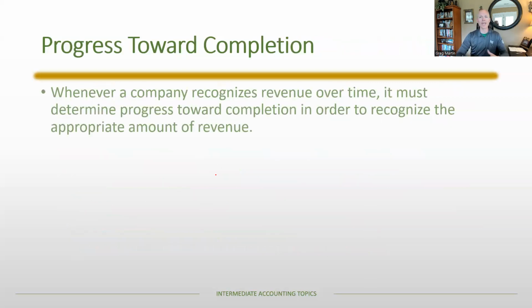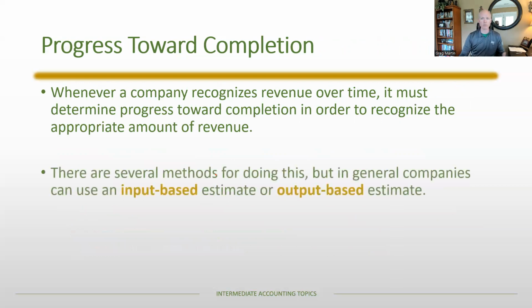All right, so whenever you're able to recognize over time, there has to be a way to measure progress. In other words, if it's a $50 million contract, how much do I recognize after the first month, second month, third month, how do I go about doing this? Really there are two general approaches, and we're going to get into more detail later in a different lecture, but either it's input based or it's output based. You can say, well, how many hours am I putting into the project? That would be more of an input based kind of thing, or how much cost have I incurred on the project?